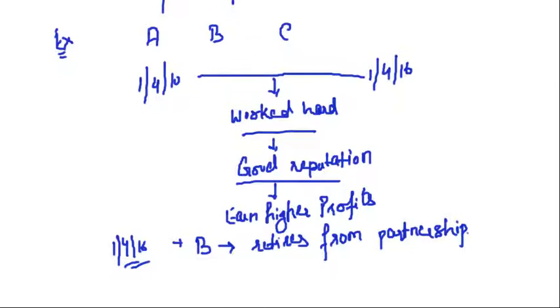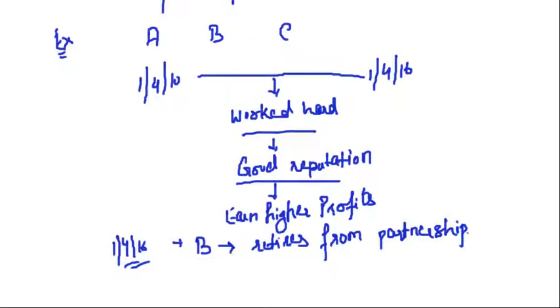Now you will say, what is the role of goodwill in this? Sir, those 6 years were the reputation building period, isn't it? And B was a part of that reputation building period. Because of this period, they are increasing their profits.